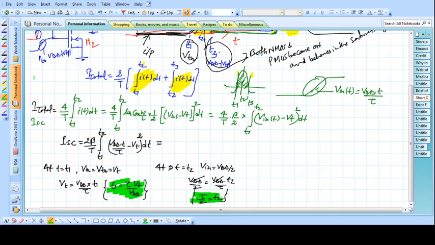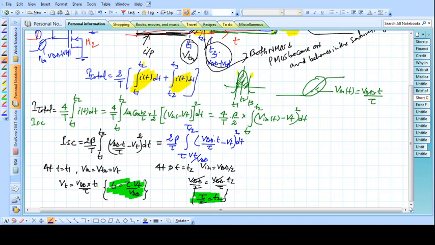So for t1 to t2, the value will be twice beta by tau, integrated from t1 equals tau vt by VDD to tau by 2, of the expression (VDD into t by tau minus vt) whole square dt.